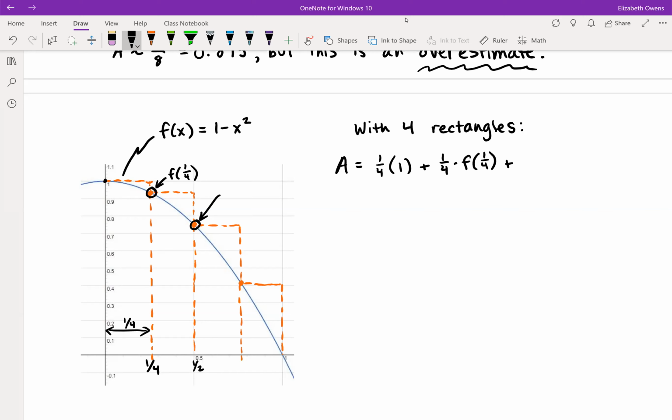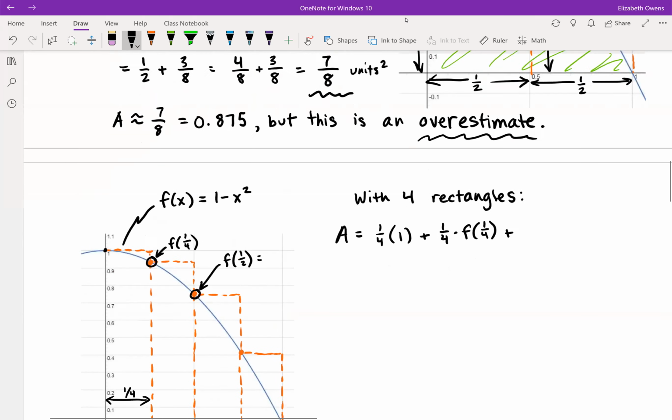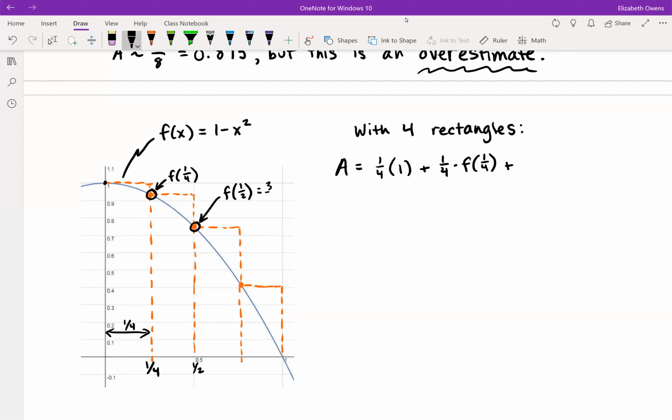For the third rectangle right here, the height is based off of the point 1/2. So we want f of 1/2, the height of that rectangle. We actually already calculated that in the last video. f of 1/2 right there was 3/4. We're going to need to calculate all of these heights, but for right now, I'll just put 1/4 times f of 1/2.